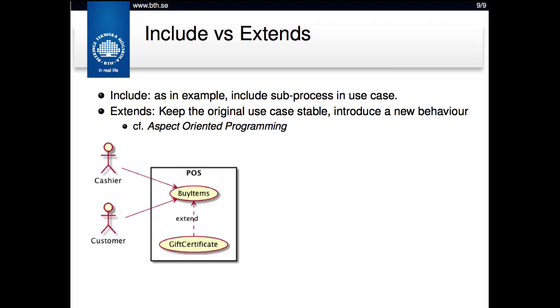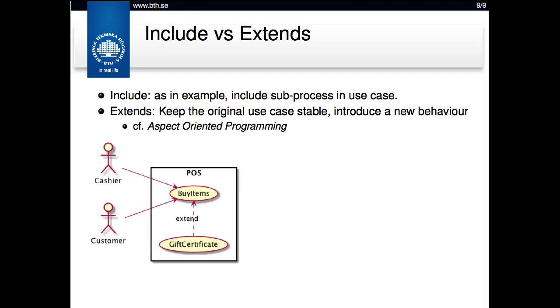The extend is a different case where we may want to keep the main use case stable. In the buy items example, we have the cashier and the customer working on the use case, and sub-use cases that are included in it. This is the use case we've delivered to a particular customer, the typical normal case that we need to support first.